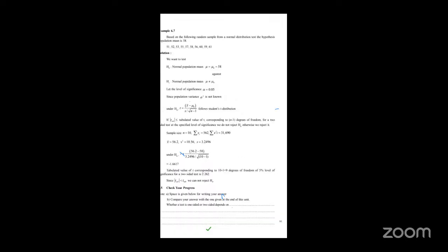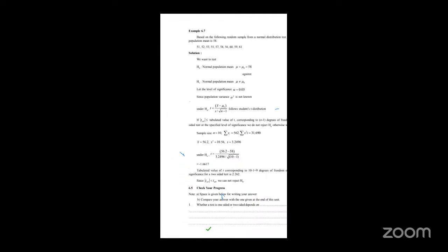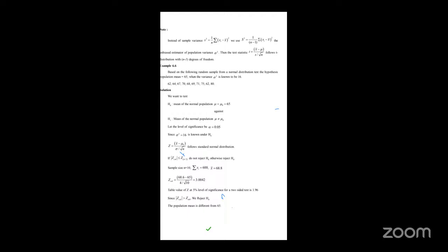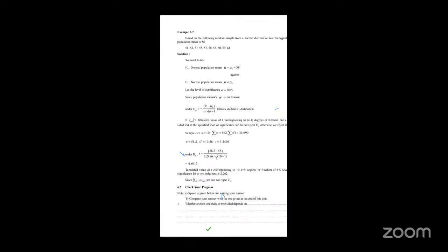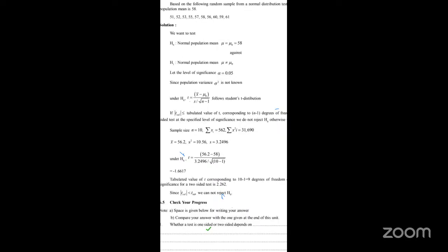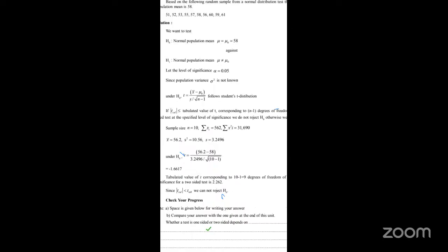Next, one more problem. The sample observations have mean 58. So t equal to (x bar minus mu) by s by root n minus 1. Here the sum of the sample observations is 562 and the sum of x square is 31,695. Sample variance is not given, so we need to calculate it.